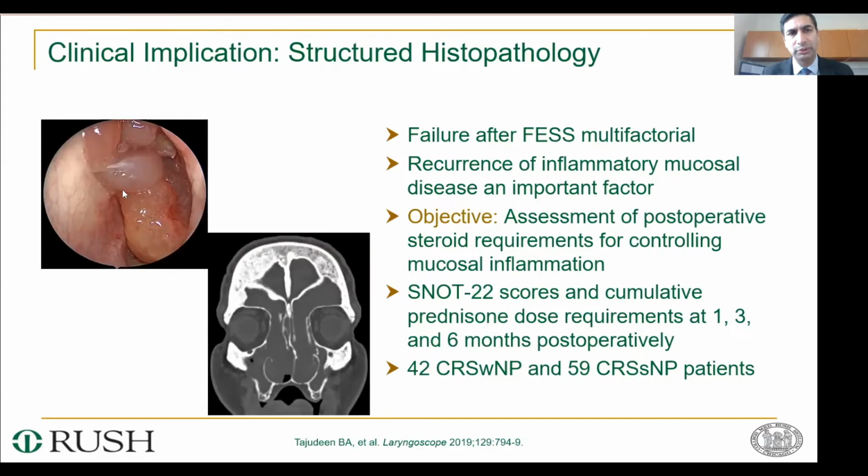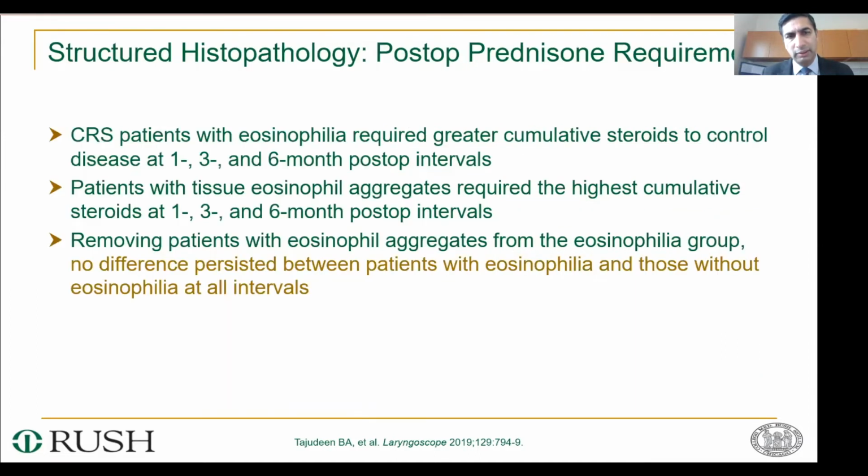And this is a representative polyp patient. You can see the polyps on the left side of the nose, and you see severe opacification on the CT scan. And what we found is that the CRS patients with eosinophilia in general required greater cumulative steroids relative to controls at all 3 post-op time points.